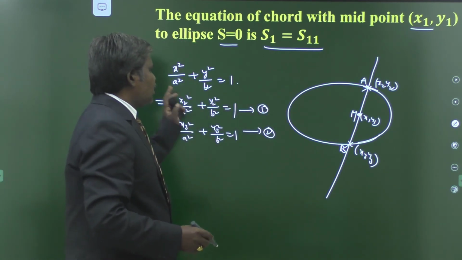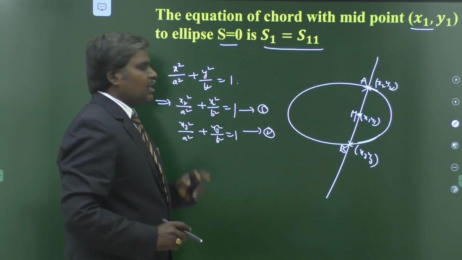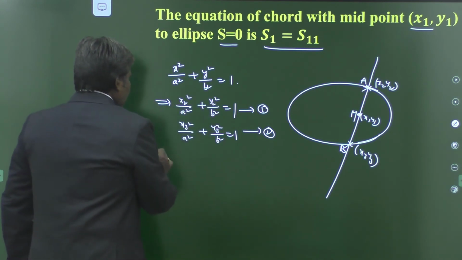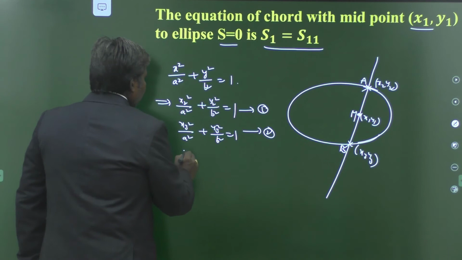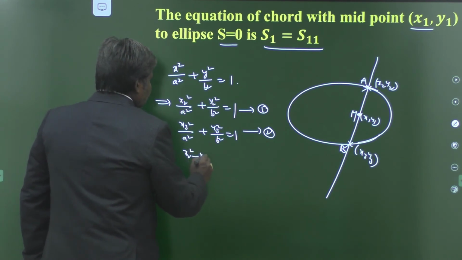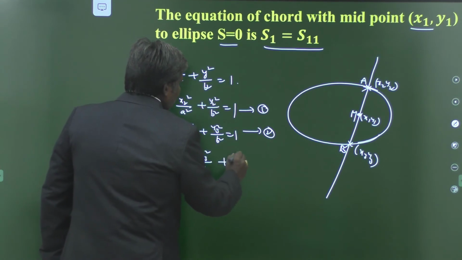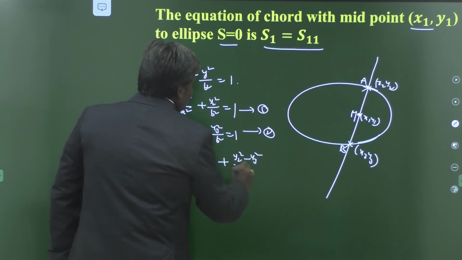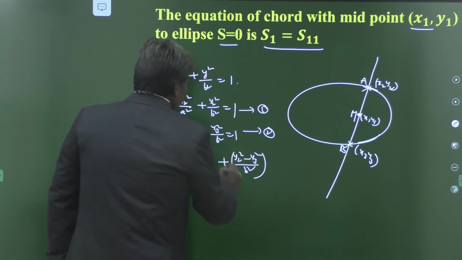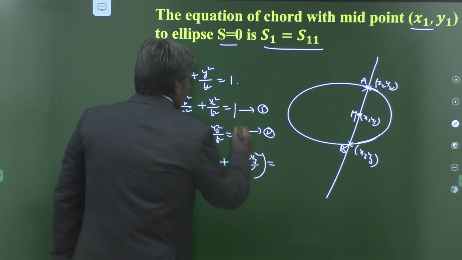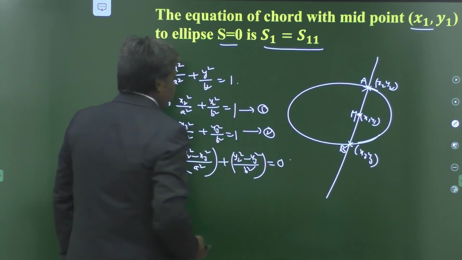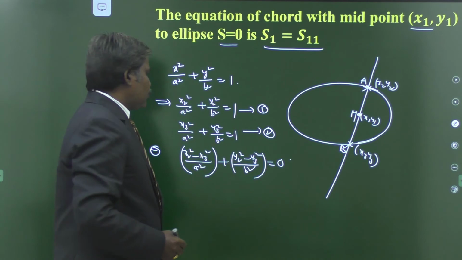I just substitute them in your ellipse, and we get the 2 conditions. Now subtract 1 from 2. We have (x2 square minus x3 square) by a square plus (y2 square minus y3 square) by b square is equal to what? 0. 1 minus 1 is 0.